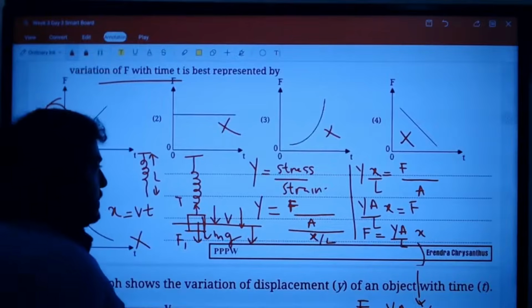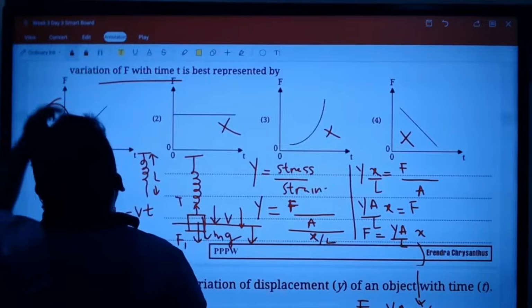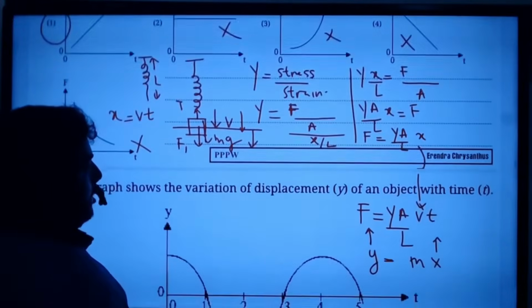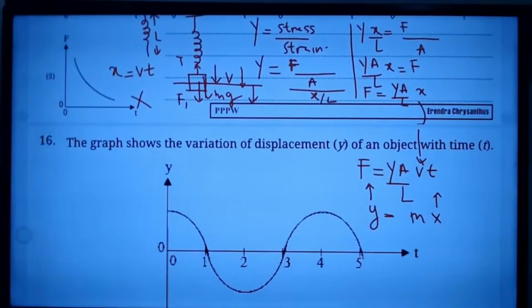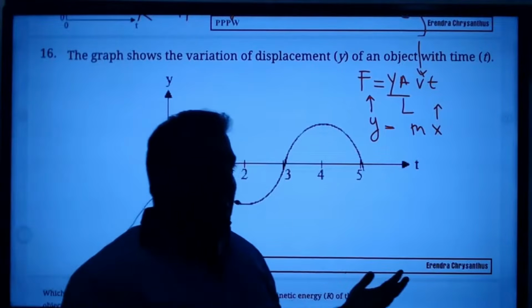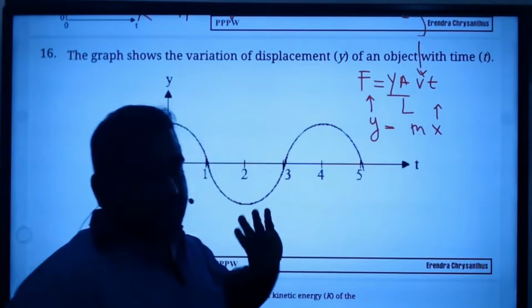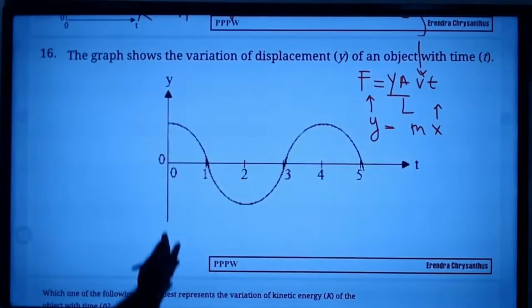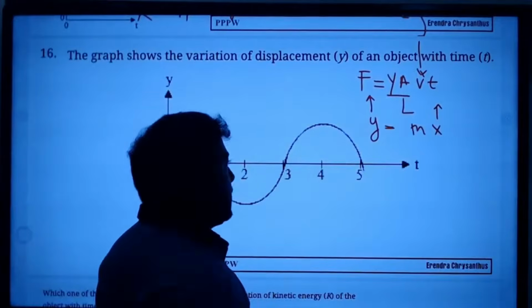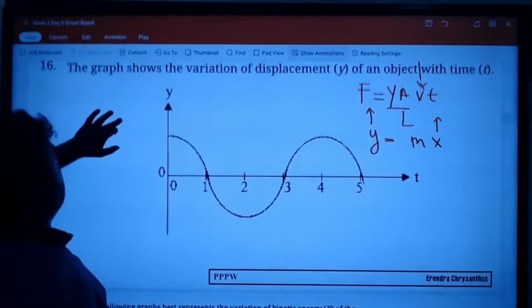Clearly, if you look at this, from this point only the extension is formed. That is why we can easily get the equation in y equals mx form. But actually you must consider from the beginning. If you consider from the beginning, it is y equals mx minus c. So I have given you the perfect answer, but they want the answer only from the extension.